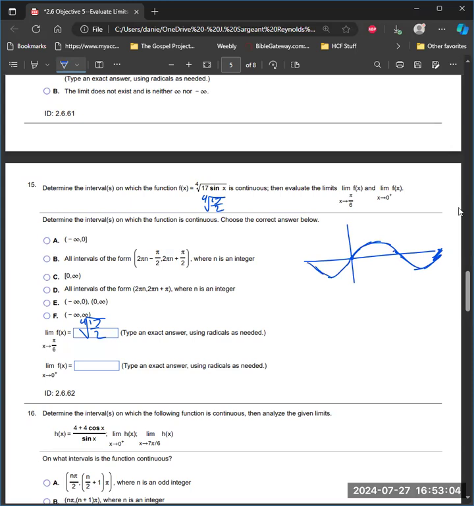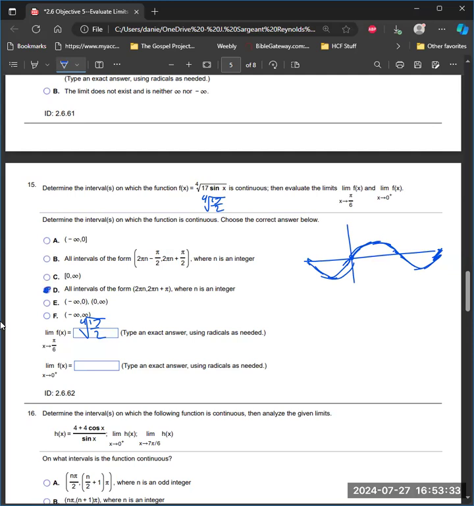We can't be negative pi to pi, and so on. You have to stay between 0 and pi here. So this is going to be all intervals in the form of 2 pi n to 2 pi n plus pi, where n is an integer. It's going to be correct.